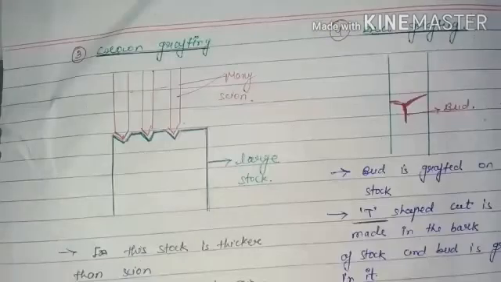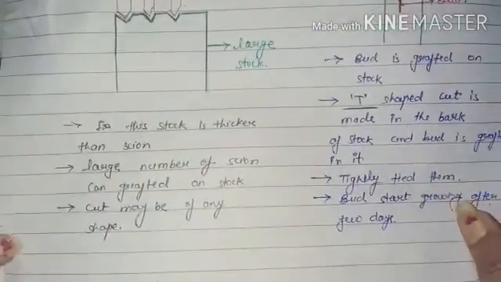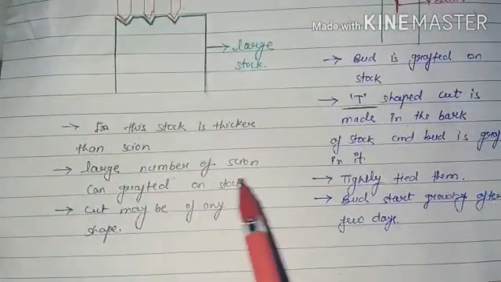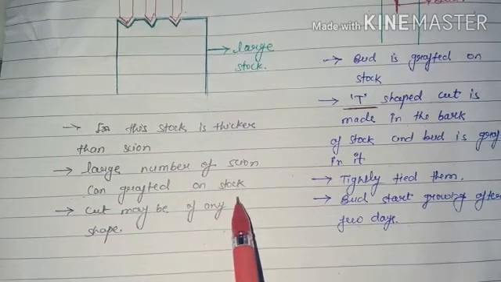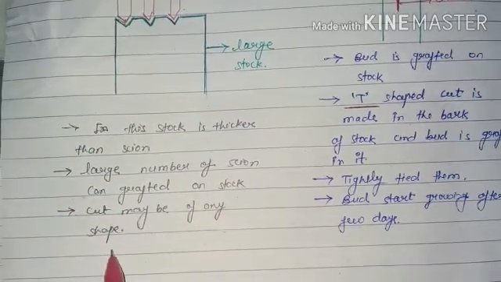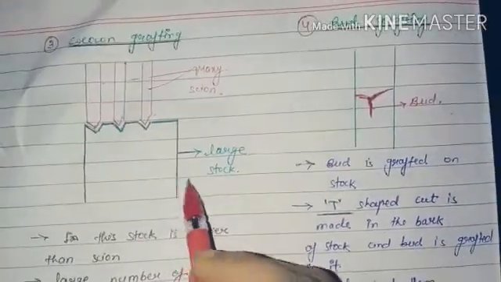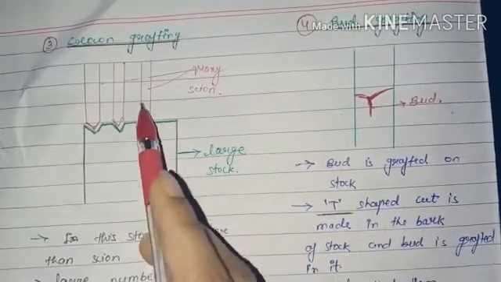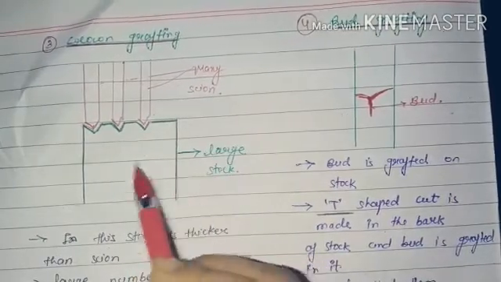Now the next one is crown grafting. First you have to know the points: in this, the stalk is thicker than the scion. Second, a large number of scions can be grafted on the stalk, and the cut may be of any shape. See the diagram. This is the stalk, much thicker compared to the scion.